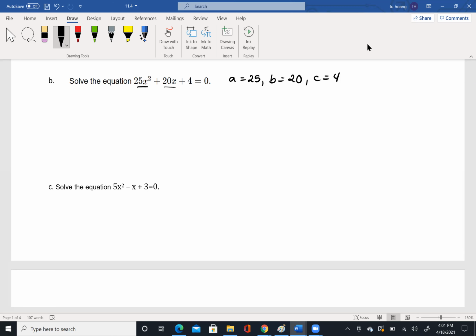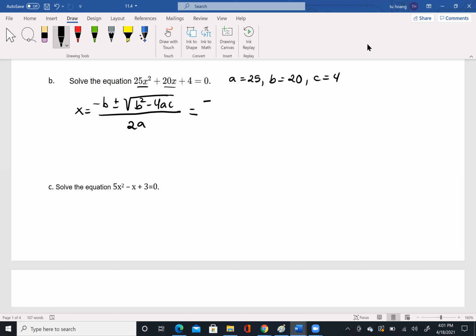Okay, so now let's apply the quadratic formula. So x equals negative b plus and minus square root of b squared minus 4ac. See that? I keep rewriting it so that I can remember it easily, right? And then substitute.